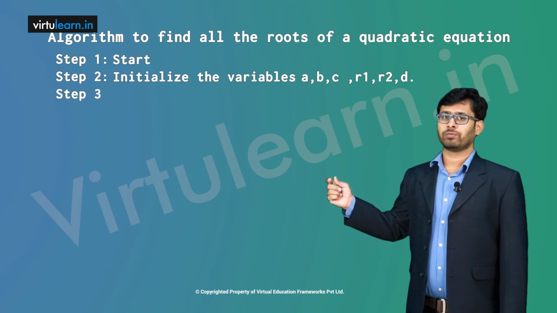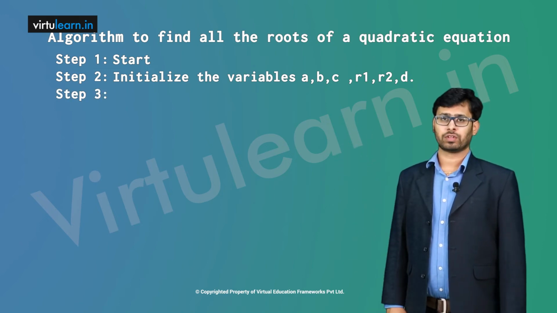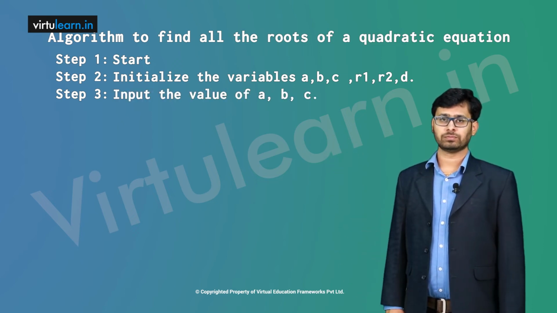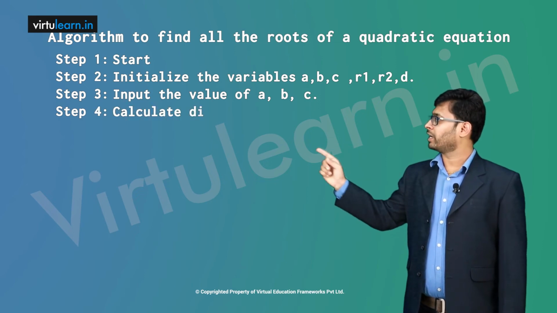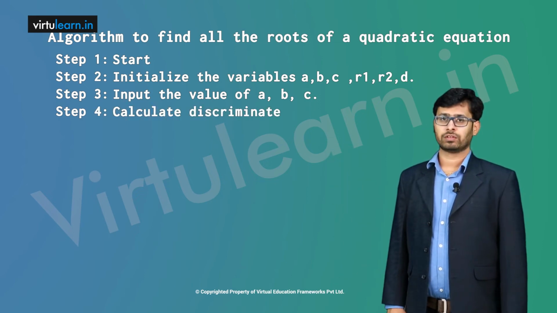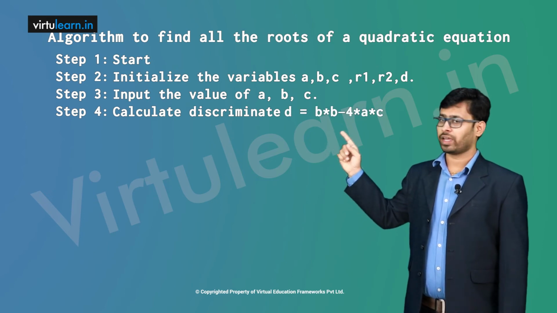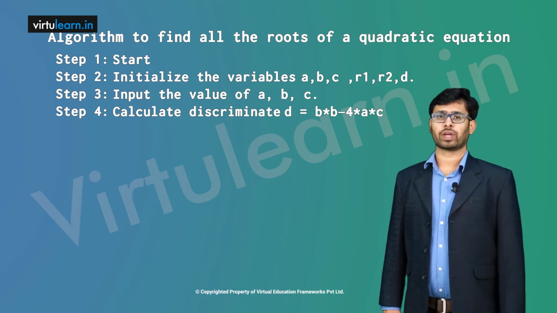Step 3, we need to read the values of a, b, c. That is, input the values of a, b, c. Step 4, calculate the discriminant. That is, d is equal to b square minus 4ac.